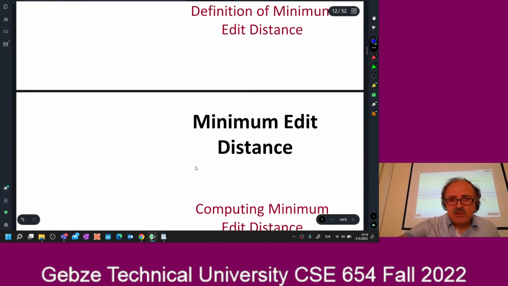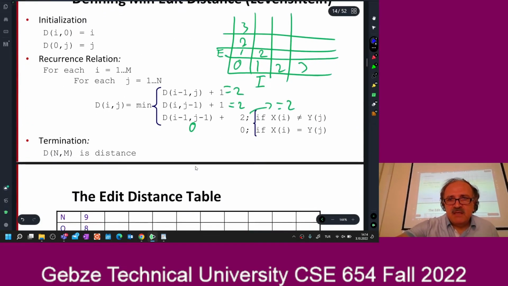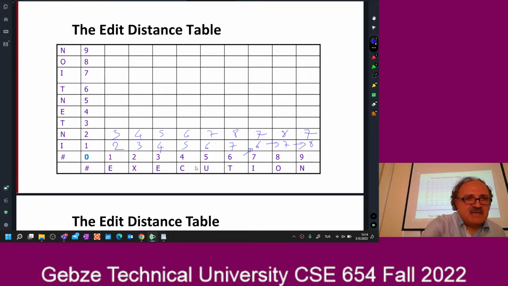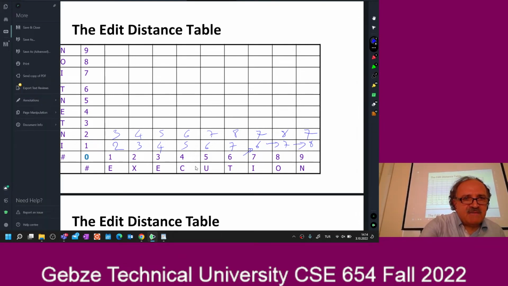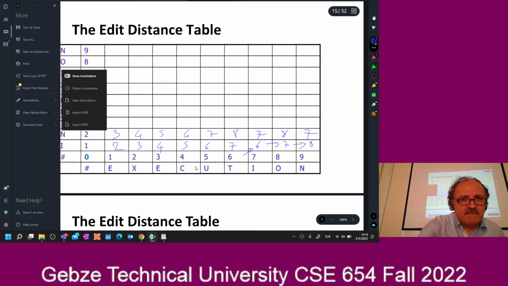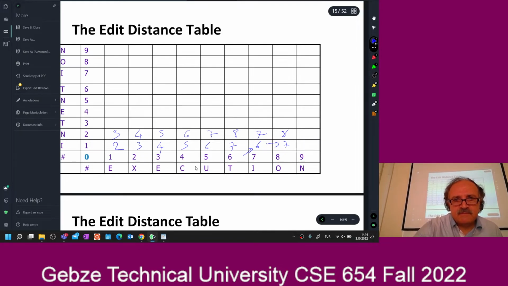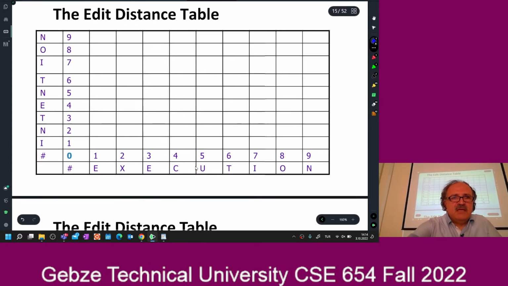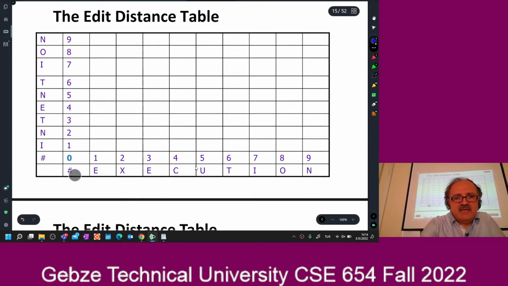This is what I am going to do actually. Let me erase this part that we have. Intention to execution. Null string.